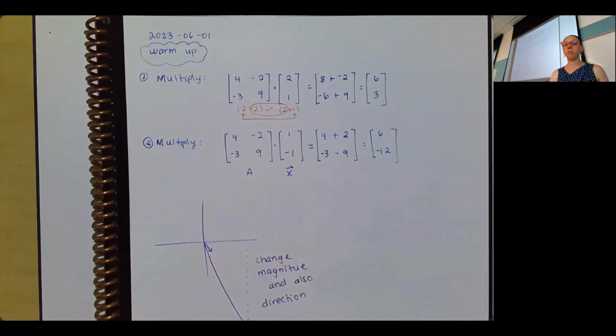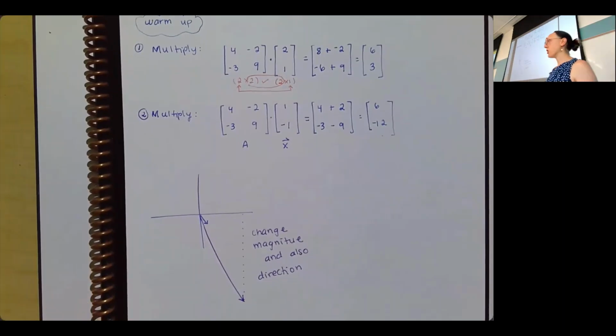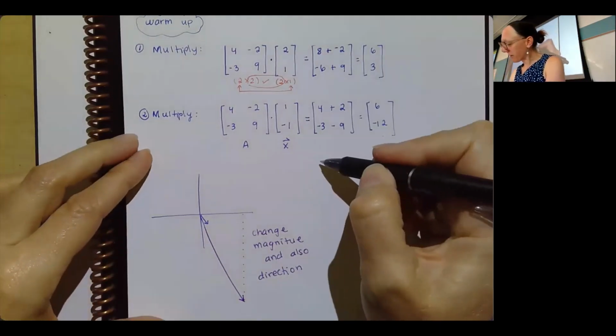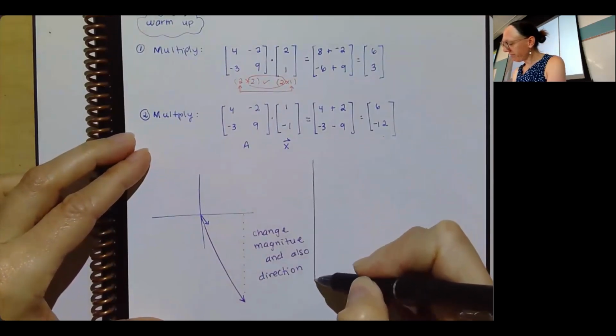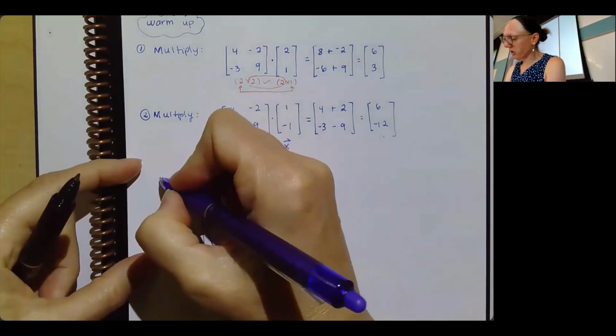And in general, when I multiply a matrix times a vector, I'm going to change both the magnitude and the direction. But sometimes a really special thing happens. So this was what happened for number 2.